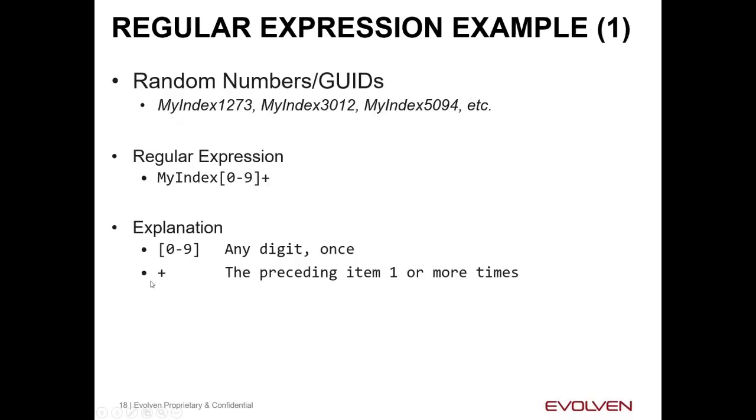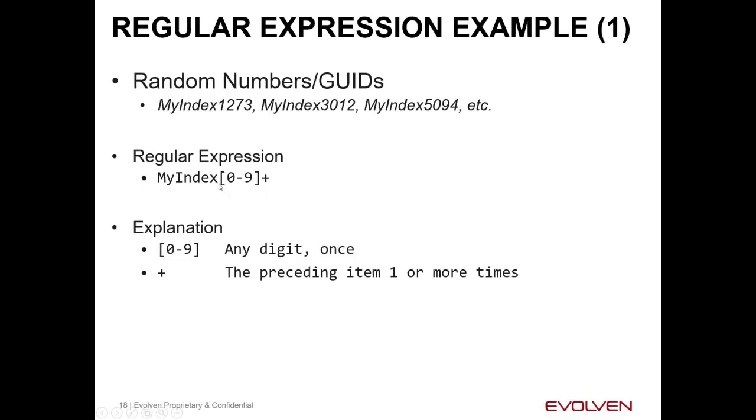Now the plus sign says take the preceding item 1 or more times. So in this case, what that means is myIndex 1 will work, myIndex 12 will work, but just myIndex with no numbers will not work. So the plus sign means 1 or more times I expect to see this. If not, it does not qualify.